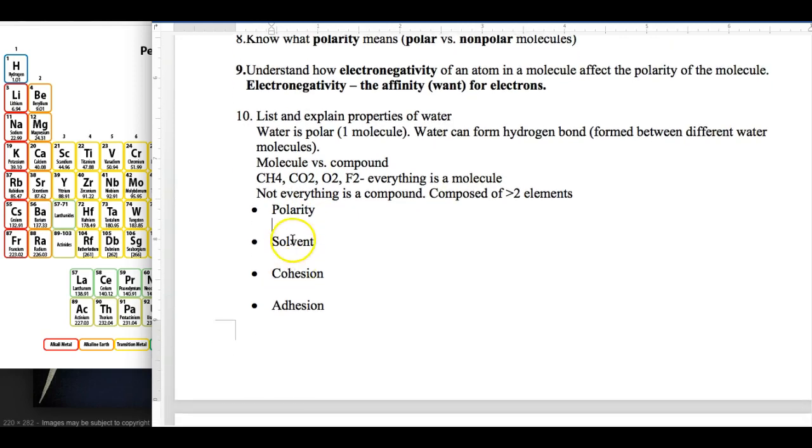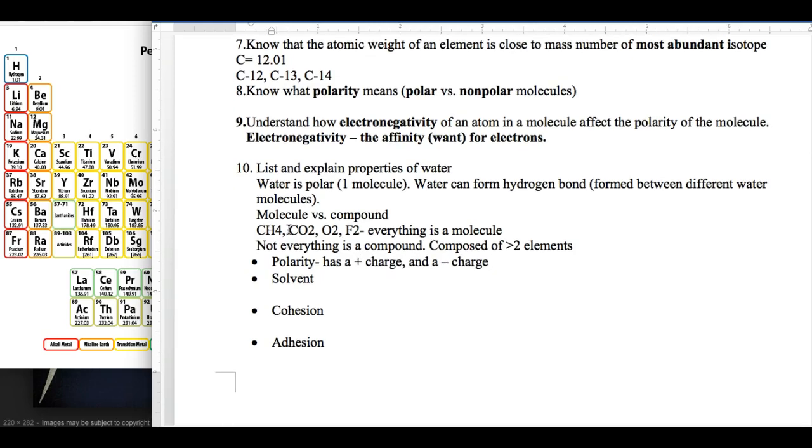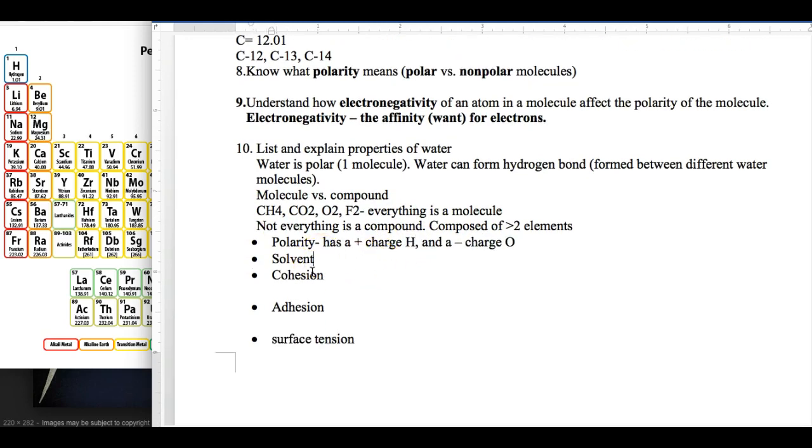All right, now water is polar. We already talked about this. Water is polar because it has a positive charge and a negative charge. You have to know oxygen is what has the negative charge, and hydrogen is what has the positive charge. Solvent. So universal solvent.